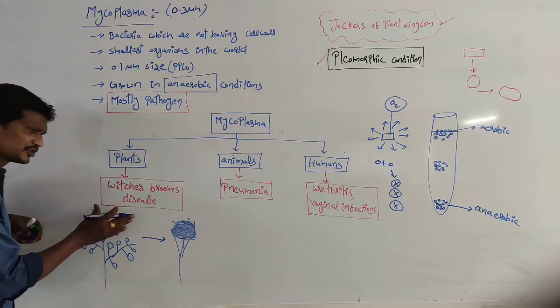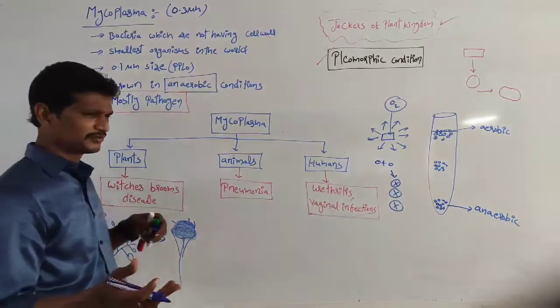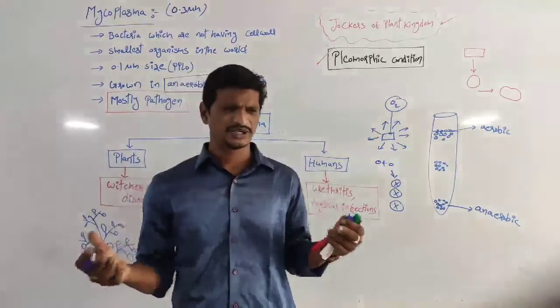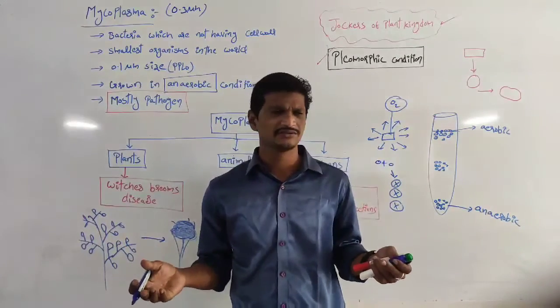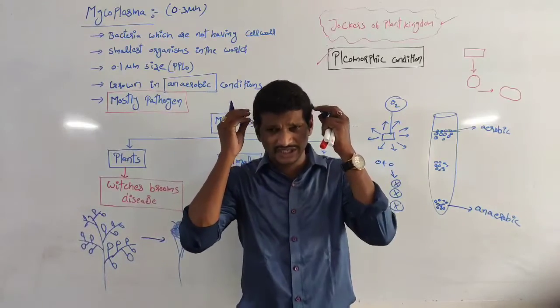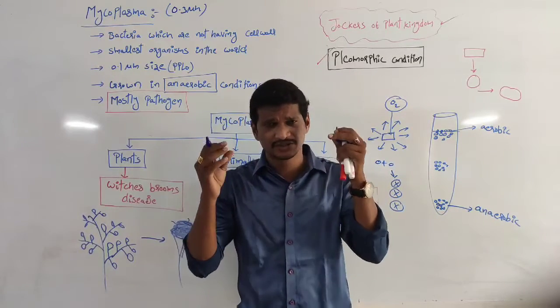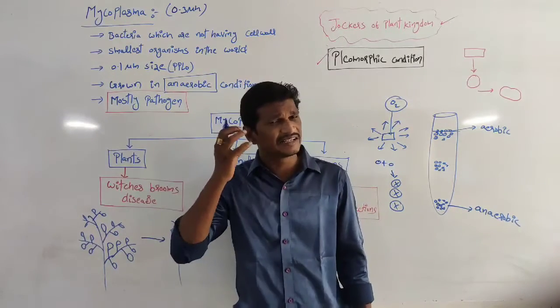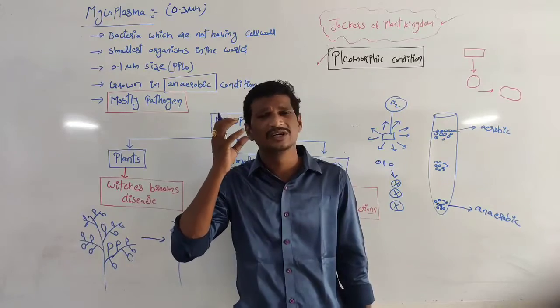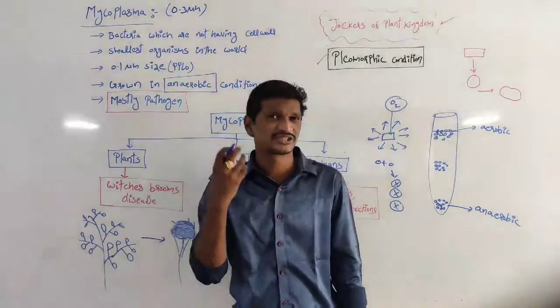So here, the witch's broom. We know witches; we have seen some movies with witches. When we observe the hair of the witch, the hair is completely in so many clustered structures.